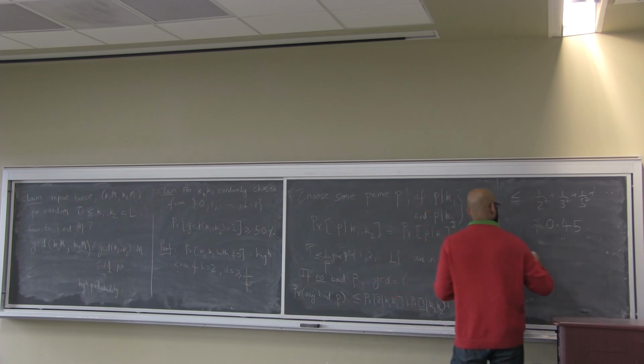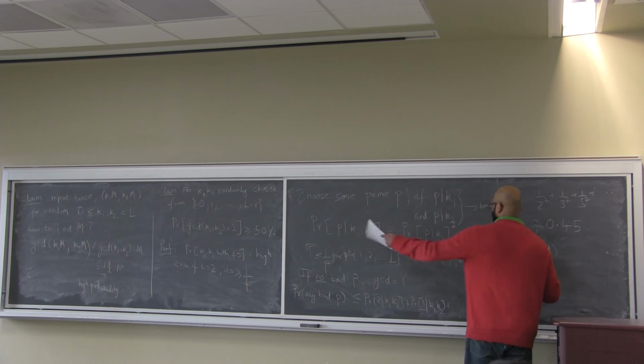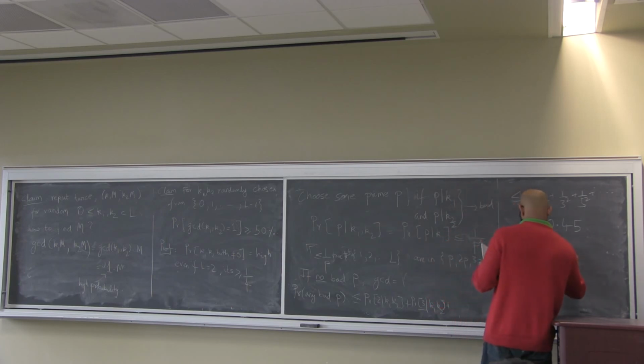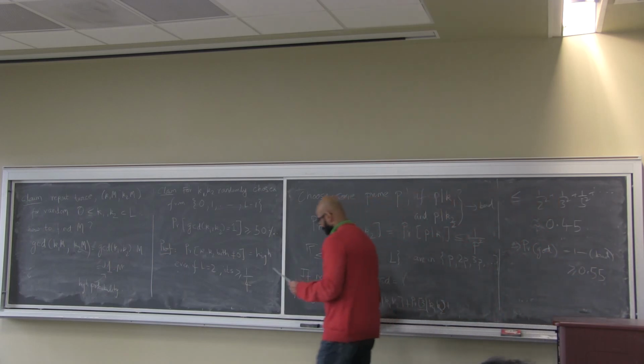You can keep evaluating that using Mathematica or something. Therefore the probability of a good choice of k1 and k2 is equal to 1 minus this probability of bad, and therefore it is greater than or equal to 0.55, that is, greater than or equal to 50% as promised.